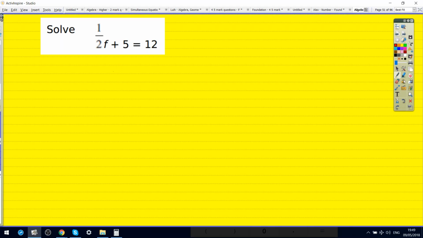How about this one? 12 minus 5. I'm not sure what to do next. So what would you get if you minused 5 left side and right side? 12 minus 5, that would be 7. And on the left side? 0. But 1 half F. So you want F equals?